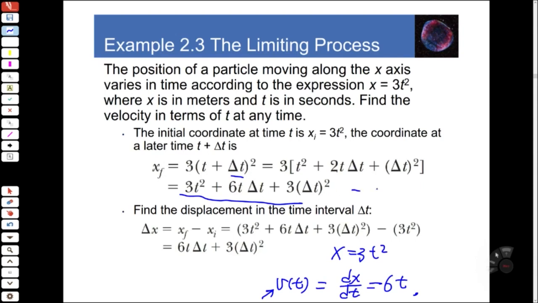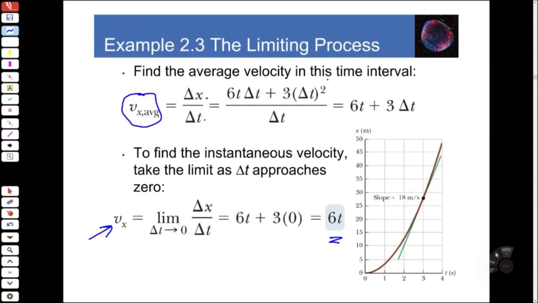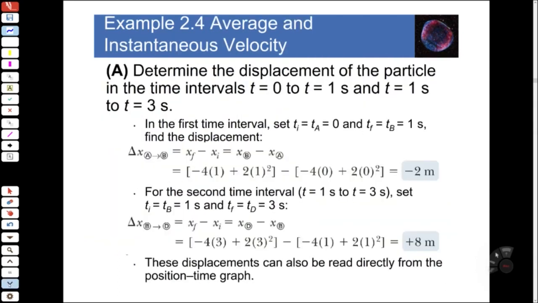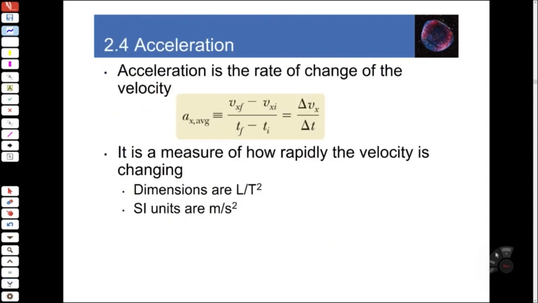So if you subtract x initial, which is 3t squared, that gives you this expression. So that is delta x. Then delta x over delta t is the expression for the average velocity, whereas this one is the instantaneous velocity at any time. So this is just a simple example, so let me just skip it.